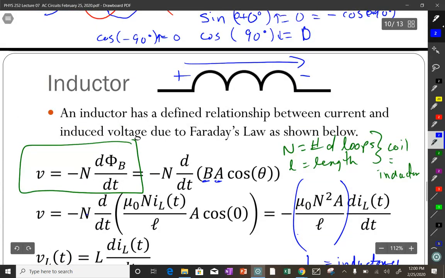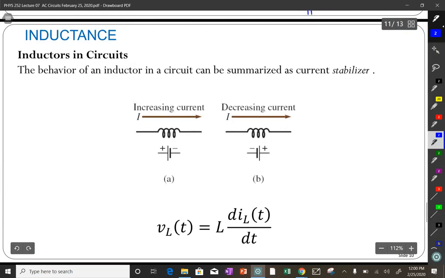We're marking it like that, yes. But when the current is increasing, we have a positive value for that voltage, and when the current is decreasing, you have a negative value. So you mark this side as positive, but that's a negative value, so they switch.